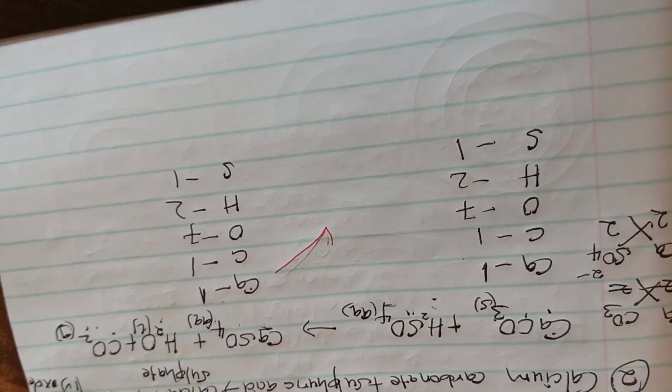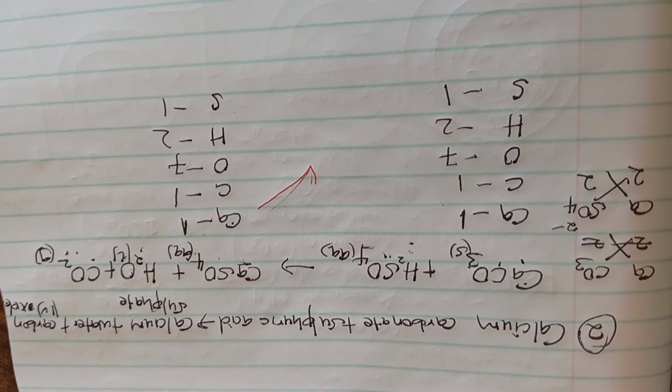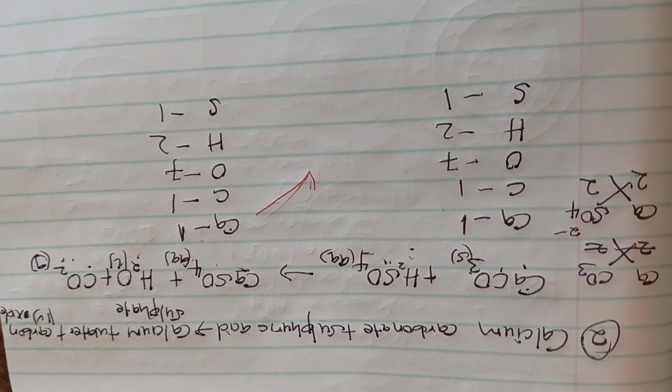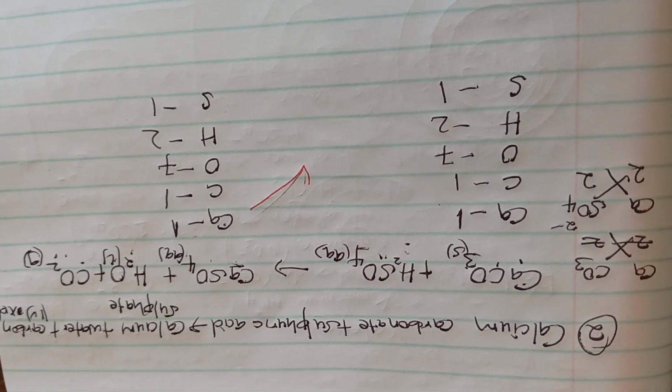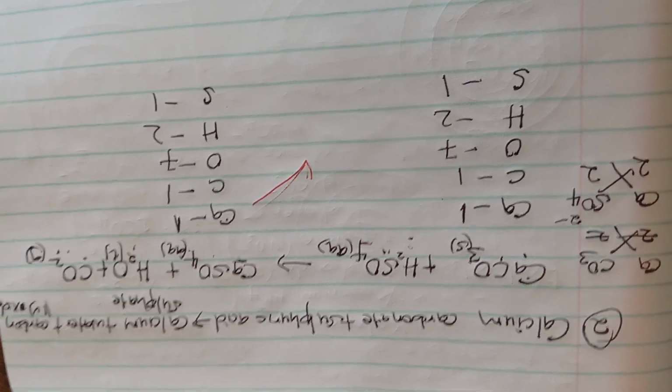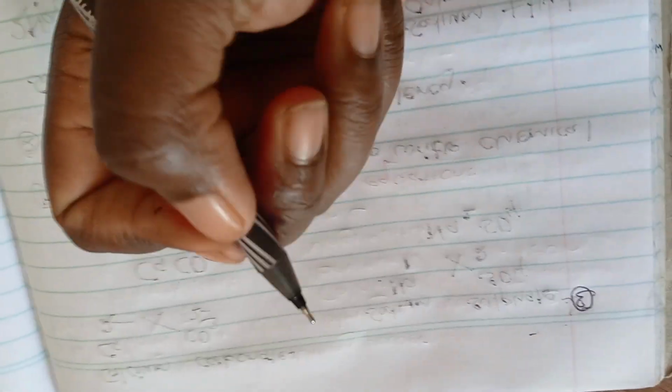So for you to be able to balance a chemical equation, or to write a correctly balanced chemical equation, be sure you know how to write the correct chemical formula. That one will guide you and it will help you. The last example, I'm going to do an acid plus a metal. There are more examples in my video.